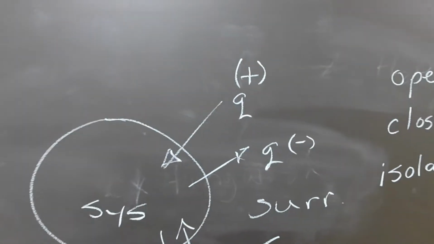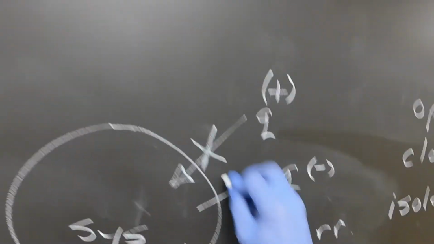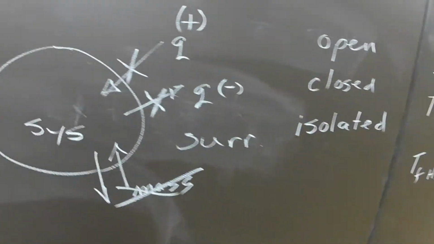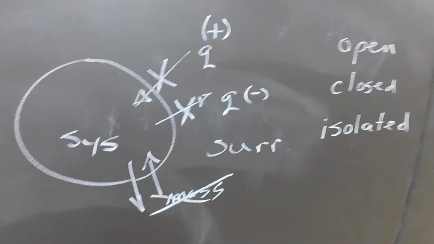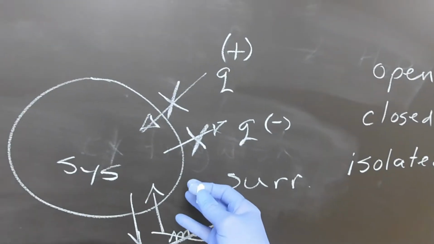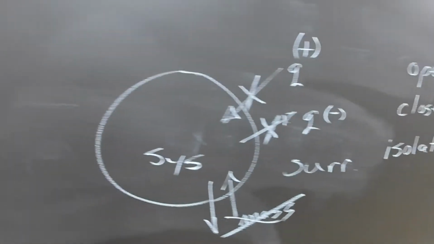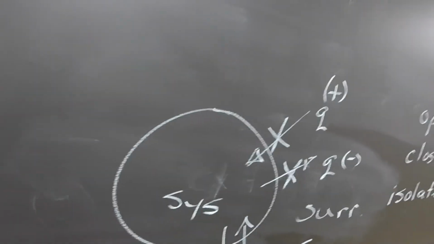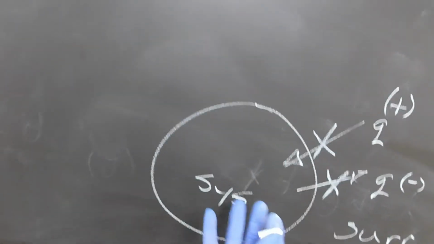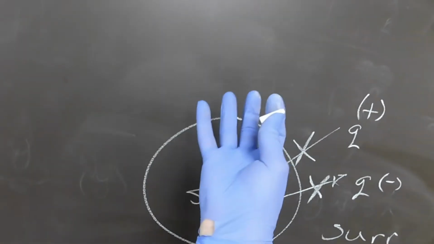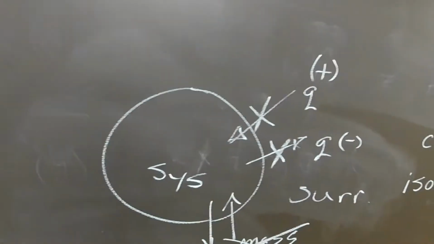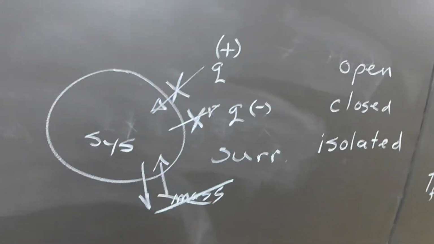That means that heat does not cross the boundaries. So you're probably asking yourself, well, if you do that, then where's the endothermic and the exothermic? Well, the endothermic and the exothermic are in the system. So the temperature of the system will increase for an exothermic and decrease for an endothermic reaction.